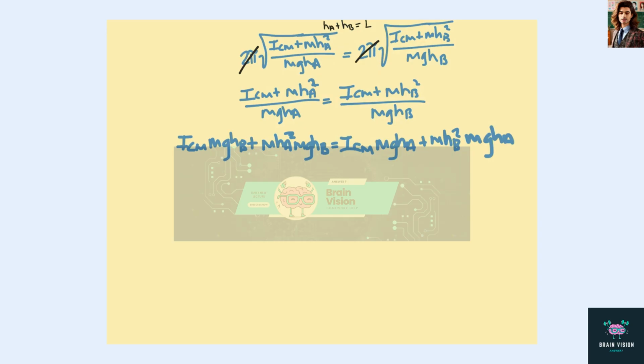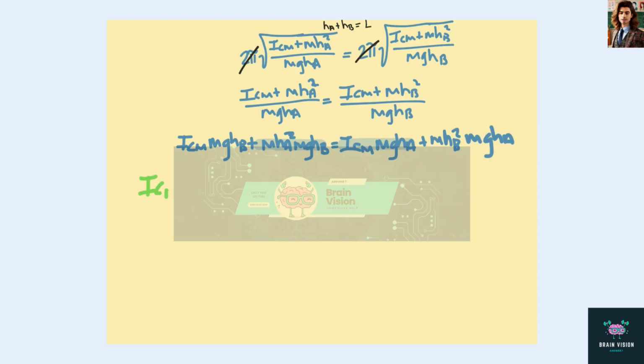And we're going to simplify this out quite a bit. So we would subtract this term on both sides, and then subtract this term on both sides, which would give us the resulting equation.